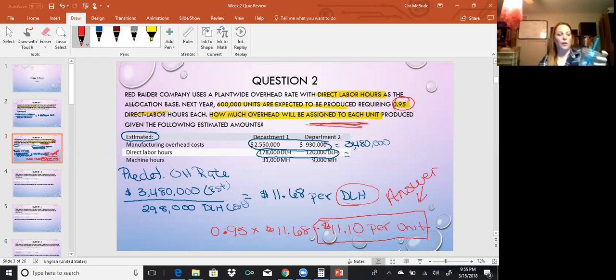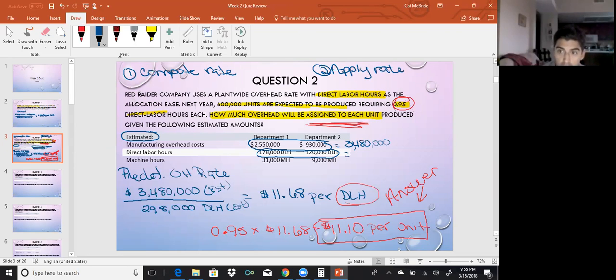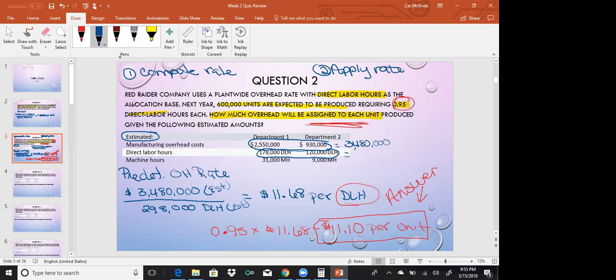First we had to figure out what the overhead rate was, then we had to use it. Okay, are we good there? Are we totally good? Yes. Okay.